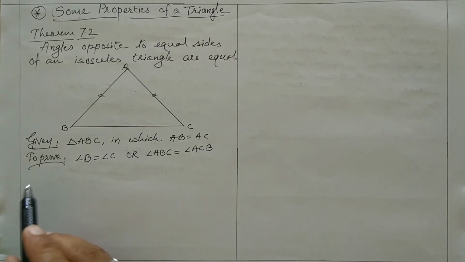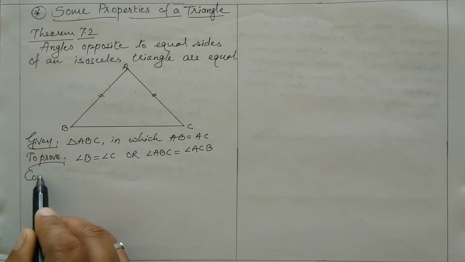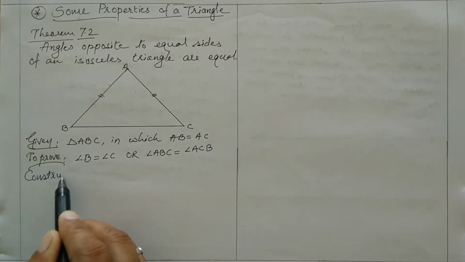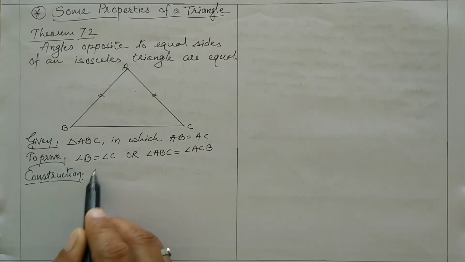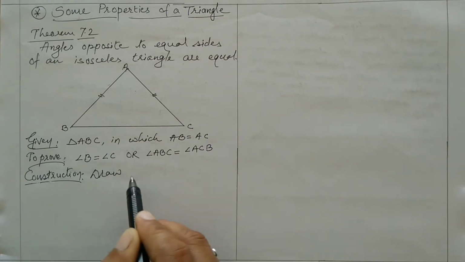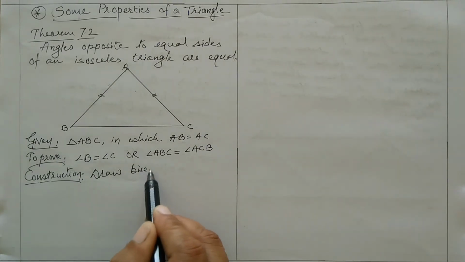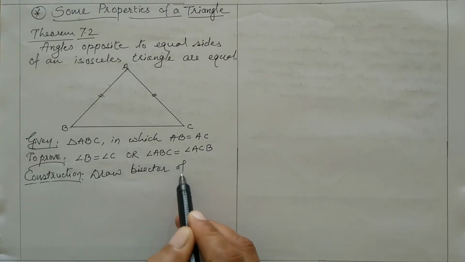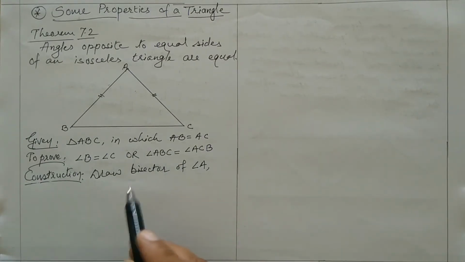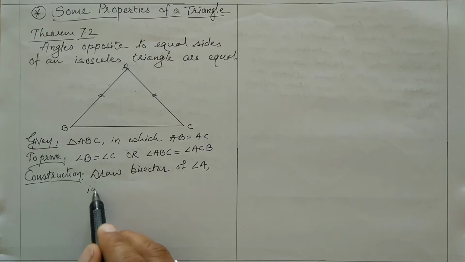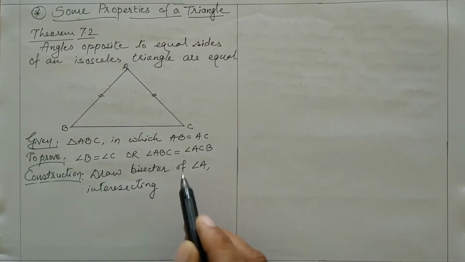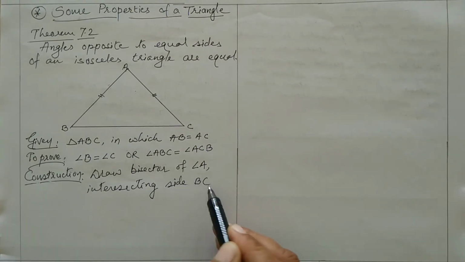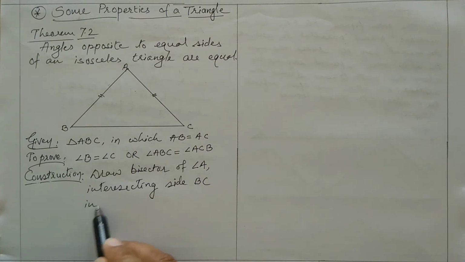For this purpose we have to do construction. Okay, what is the construction? We have to draw the bisector of angle A intersecting side BC in some point.